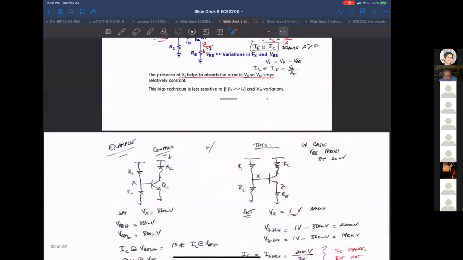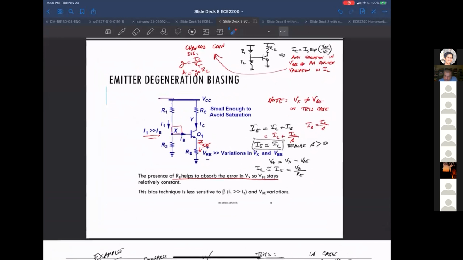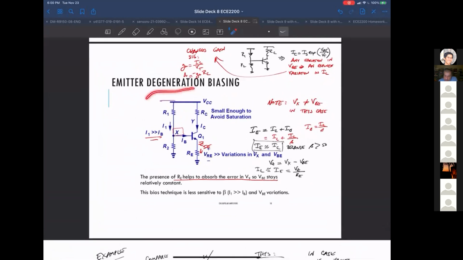So this is my favorite, I guess. I think this would be my favorite biasing approach for single-ended bipolar transistors, because it's got all those ingredients. As you'll see, this makes your biasing more immune to variations, but there's also an effect on the gain.